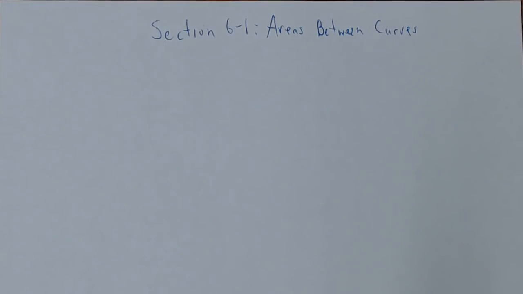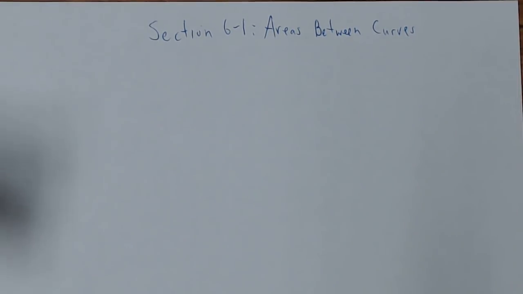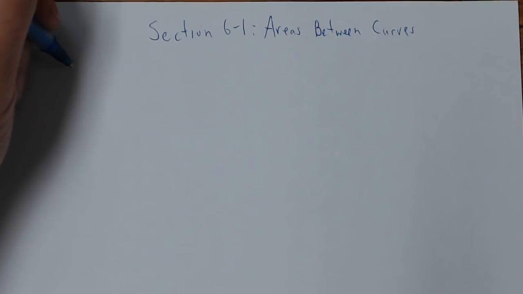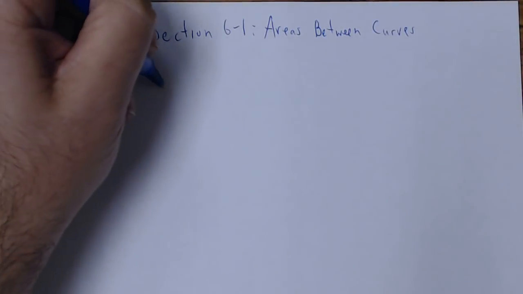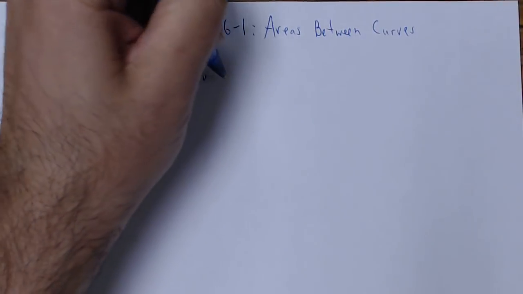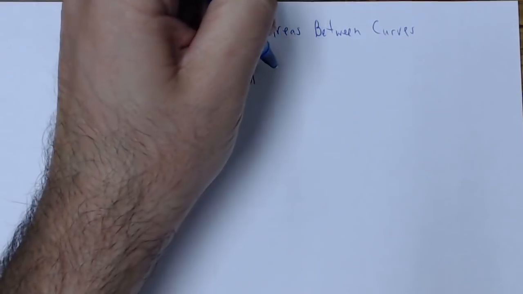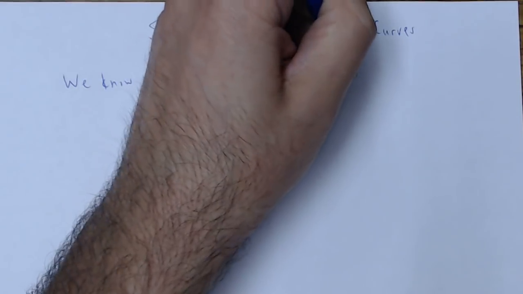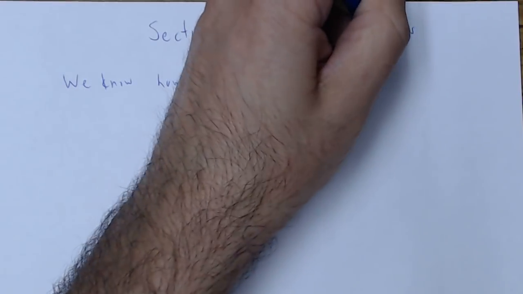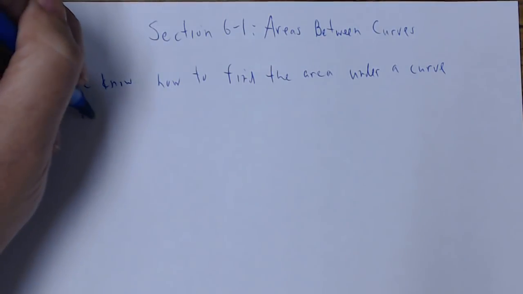Okay, so today's focus is going to be finding areas between curves. The idea that we learned in chapter 5 is actually going to be helpful in this section. We know how to find the area under a curve from chapter 5.